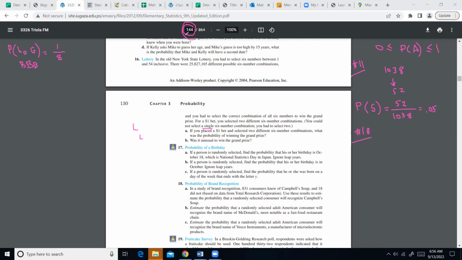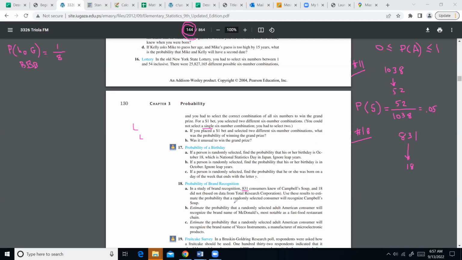So I'm on page 144, as you can see up here, and it says that out of 831 consumers, 18 did not recognize the brand of Campbell soup. So out of 831, 18 did not know this brand.